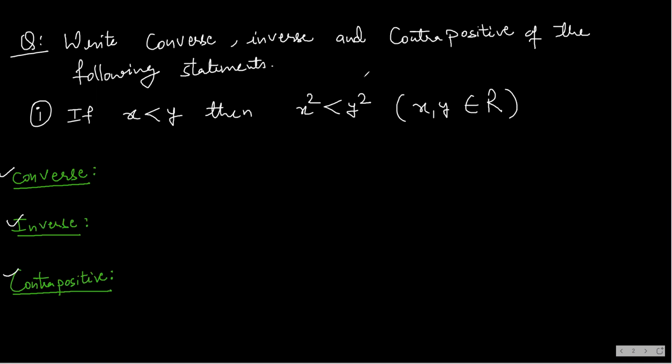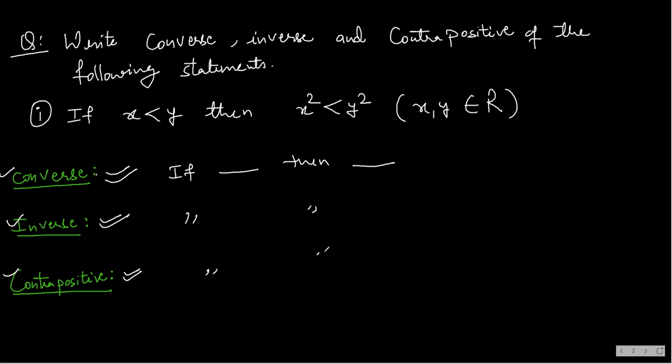contrapositive, remember these three are also implication statements. A converse is also an implication statement. An inverse is an implication statement. A contrapositive is also an implication statement. That is, these all three statements will have if something then something.